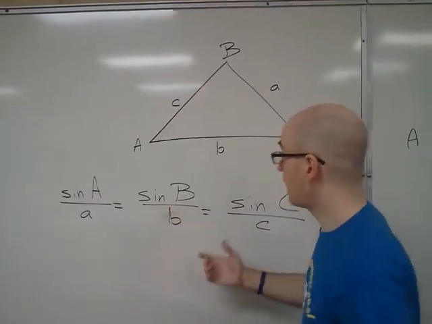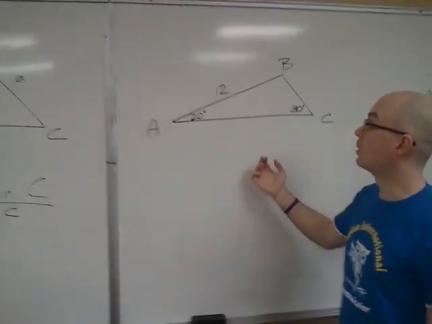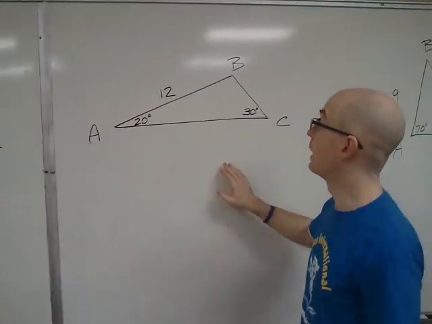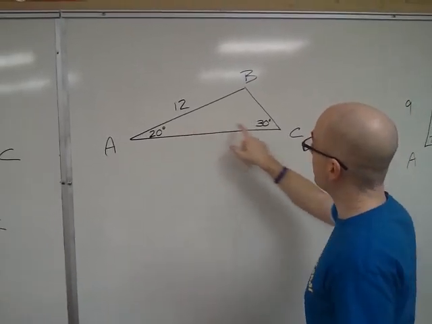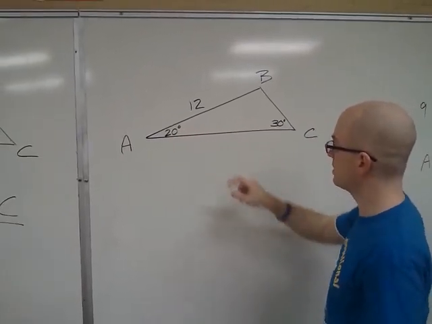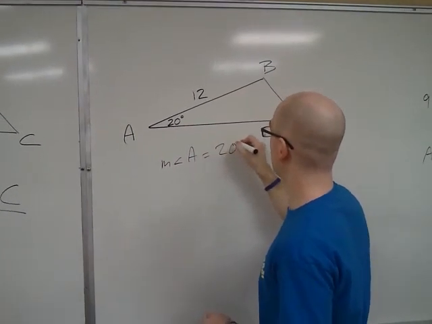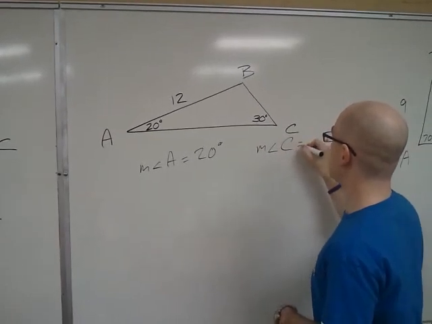The magic of how this works allows us to figure out a triangle if we've got certain given information. So let's take a look at this one first. We're given two angle measures here. A is 20 degrees, and angle C is 30 degrees.